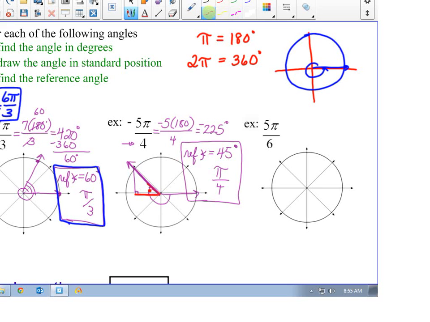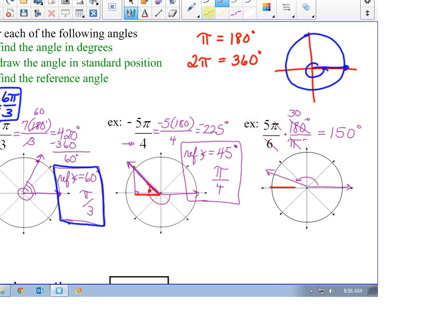5 pi over 6. I'll do this one by multiplying by 180 degrees over pi radians, just to do something a little different. 6 goes into 180 30 times. This should be a 150 degree angle. Draw that in standard position. There's 150.